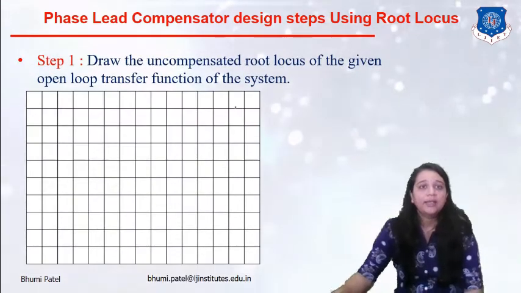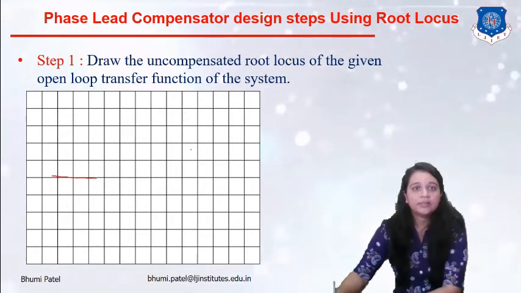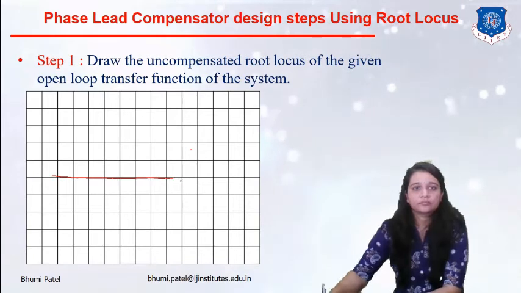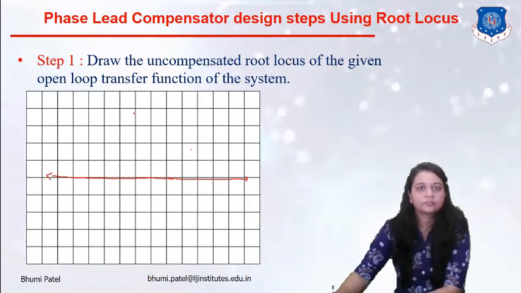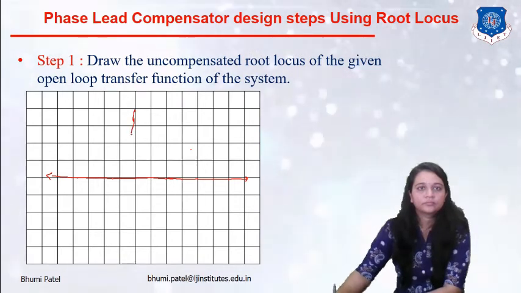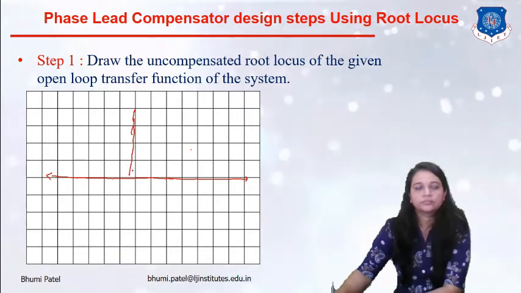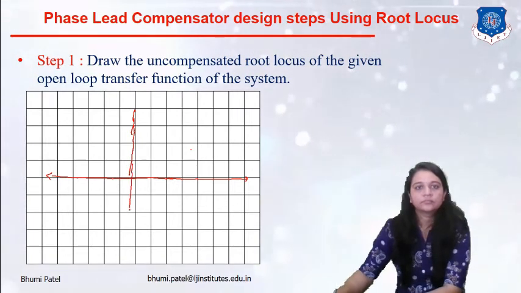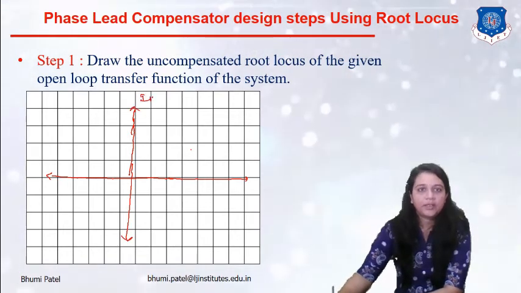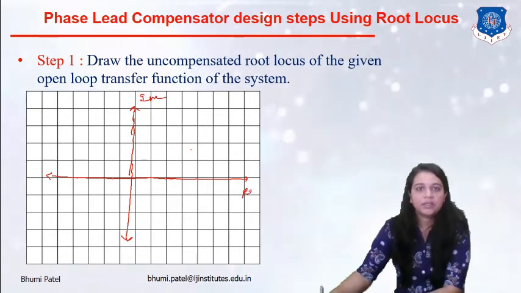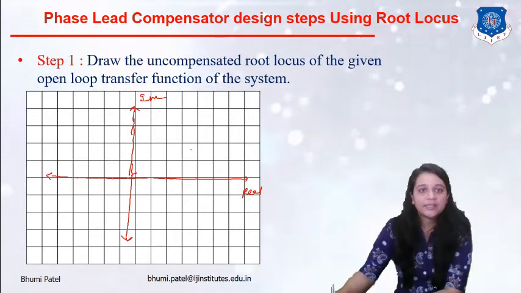In the graph we have to draw a real axis, and this is the imaginary part of the system, this is the real part of the system. First of all, we have to draw the poles and zeros.